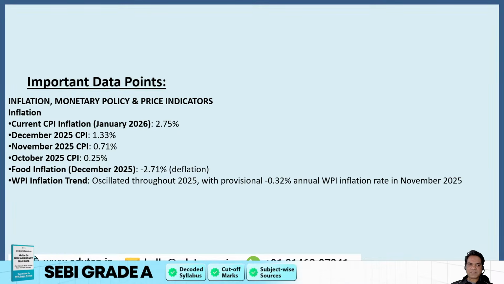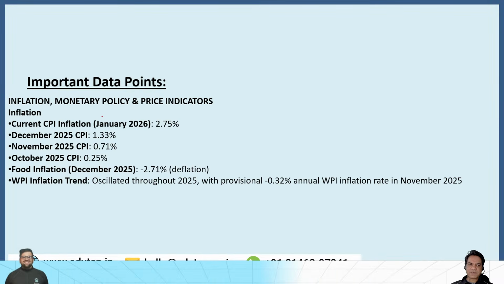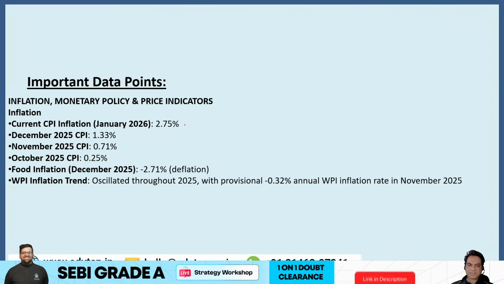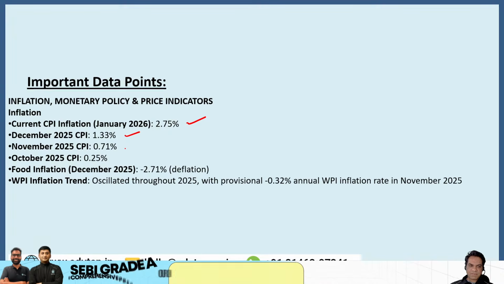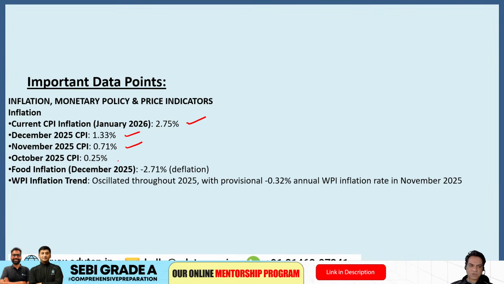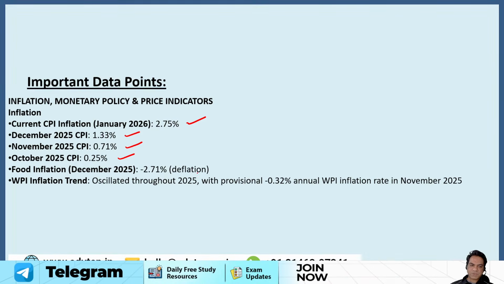For example, related to inflation, monetary policy and price indicators. Now, particularly for inflation, current CPI inflation in January 2026 is 2.75%. December it was 1.33%. November it was 0.71%. October it was 0.25%. Food inflation in December 2025 was minus 2.71%, which is basically deflation.